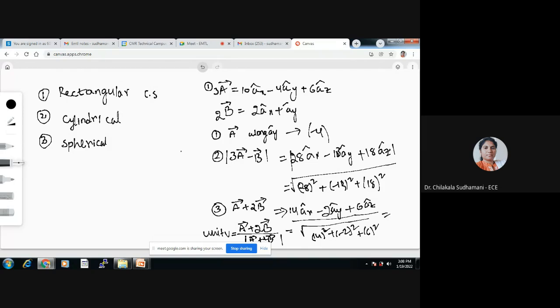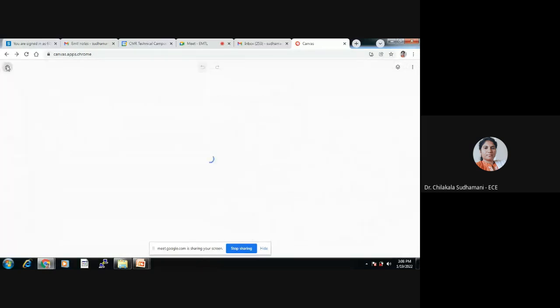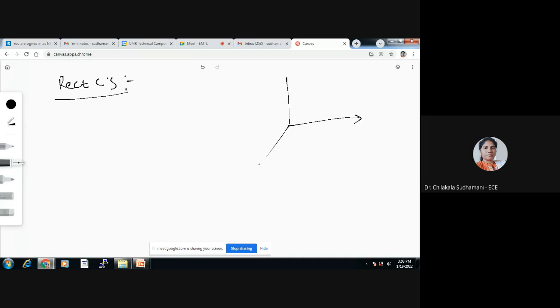Next one. Now we will see the coordinate systems individually: what is rectangular, what is cylindrical, and what is spherical coordinate system. First one is the rectangular coordinate system, Cartesian or rectangular.